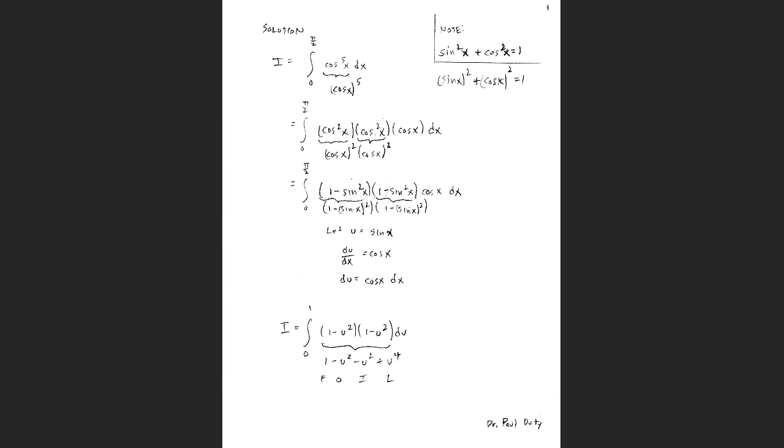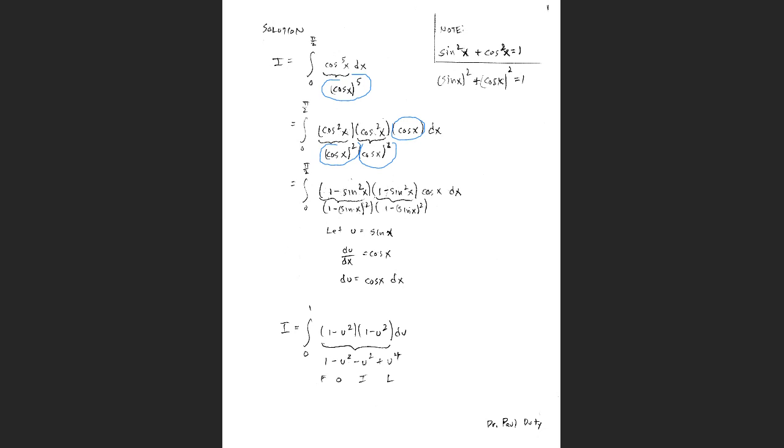But look at what we can do here. I can take that cosine of x to the fifth power and write it as cosine of x squared times cosine of x squared times the cosine of x. I can break that cosine of x to the fifth power down a little bit. And then the cosine of x squared, I can get the sine function in there by the Pythagorean identity.